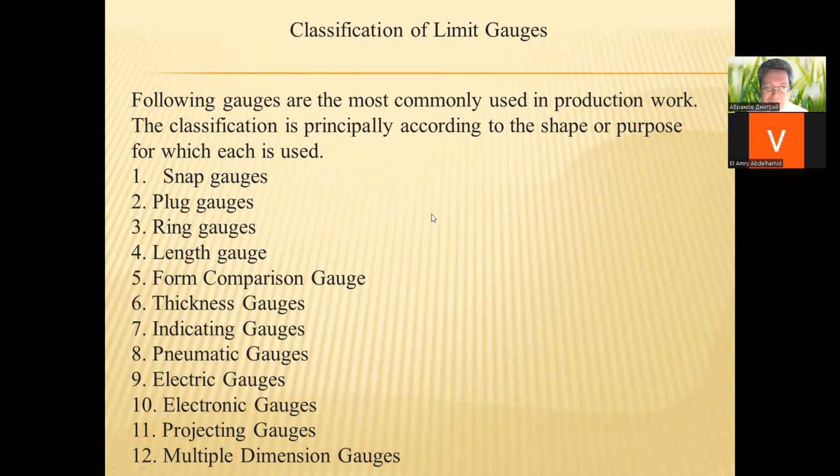The classification is principally according to the shape of parts for which each is used: snap gauges, plug gauges, ring gauges, length gauge, form comparison gauge, thickness gauges, indicating gauges, pneumatic gauges, electric gauges, electronic gauges, projecting gauges, and multiple dimension gauges.